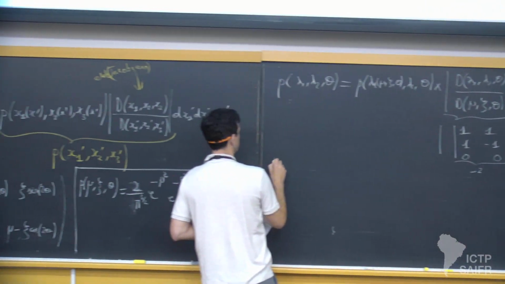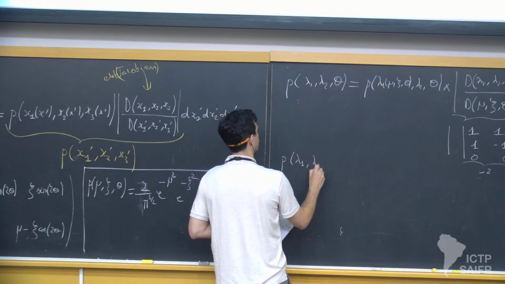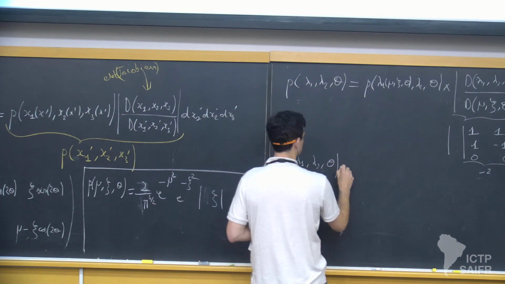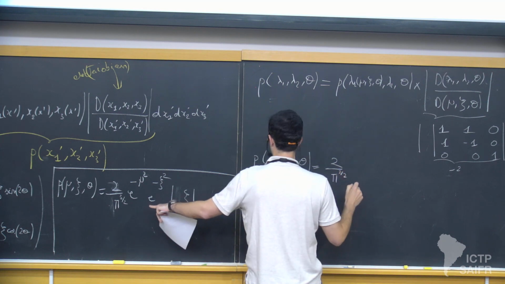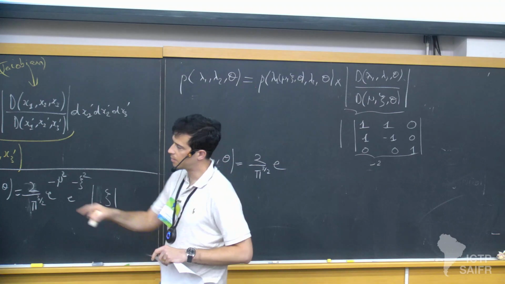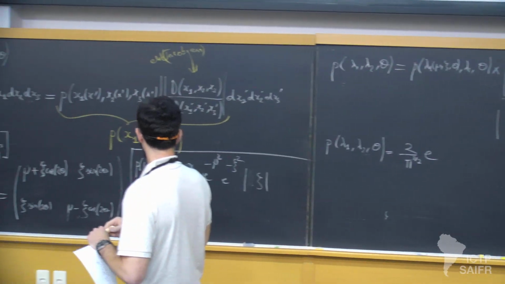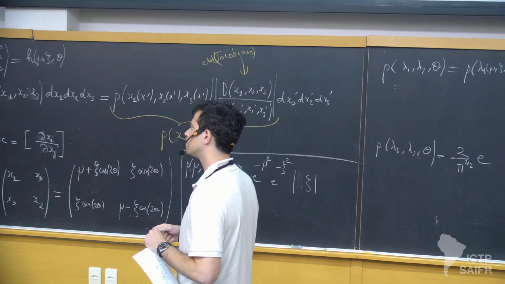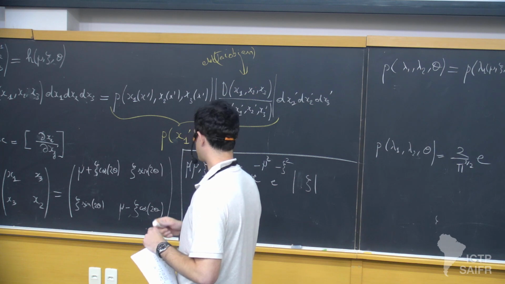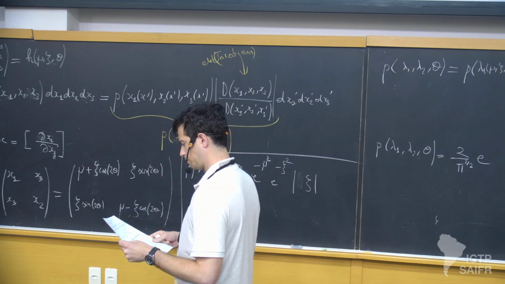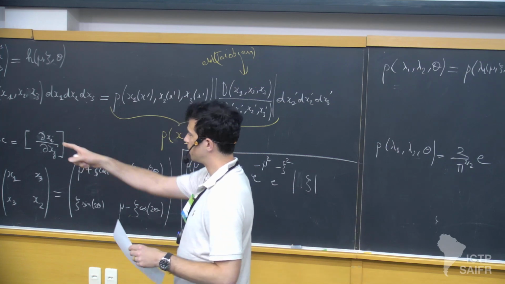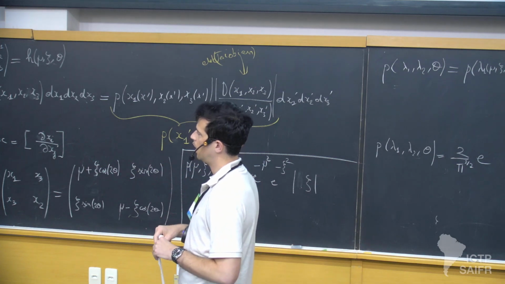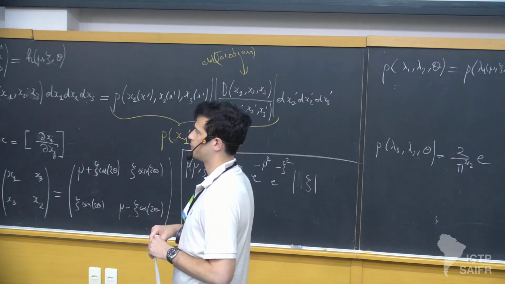So in the end, I get p of lambda 1, lambda 2, and theta is equal to that. Exponential of mu square plus psi square, you can see, will be the first line, so it will give you lambda 1 square over 2.